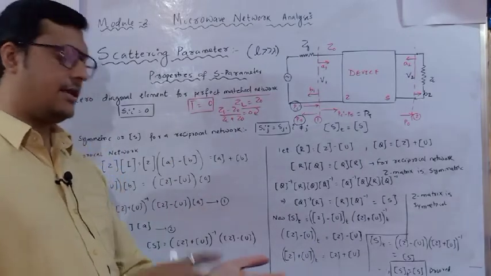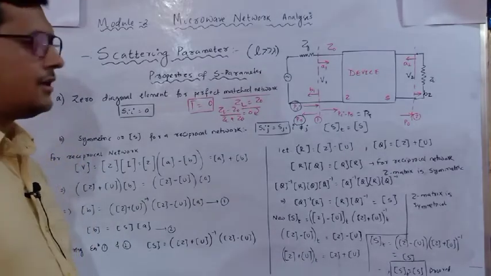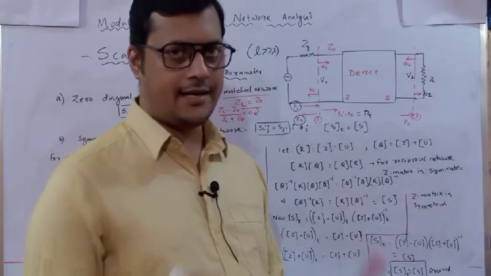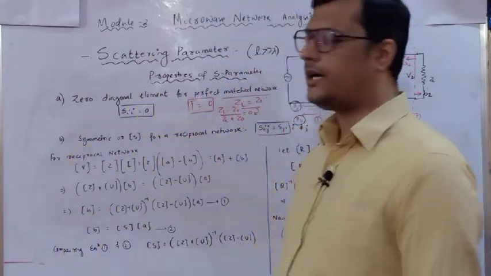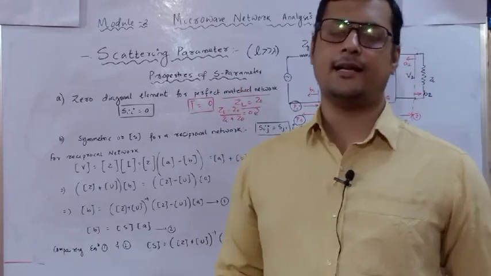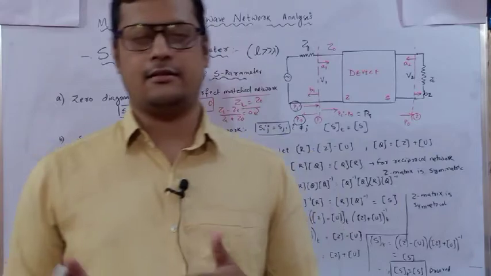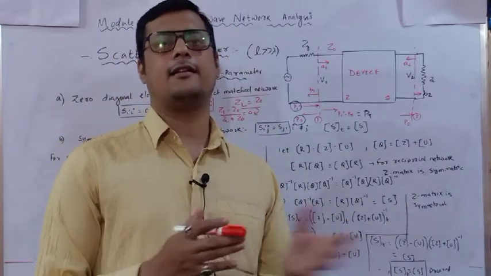A reciprocal network means S12 equals S21. We have to prove it, which needs a small derivation. With the help of matrices we can analyze it. First I have used the impedance matrix converted into the S parameter, because the S parameter and the impedance matrix are quite interrelated with each other.